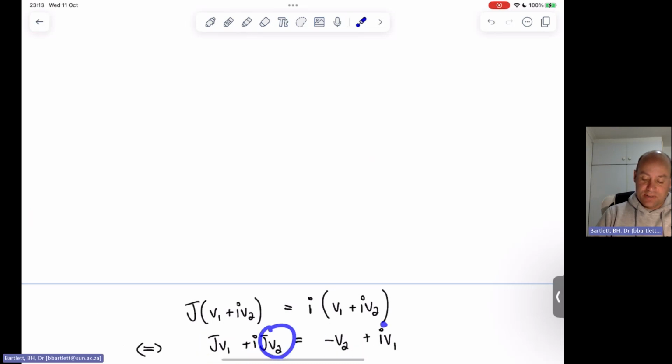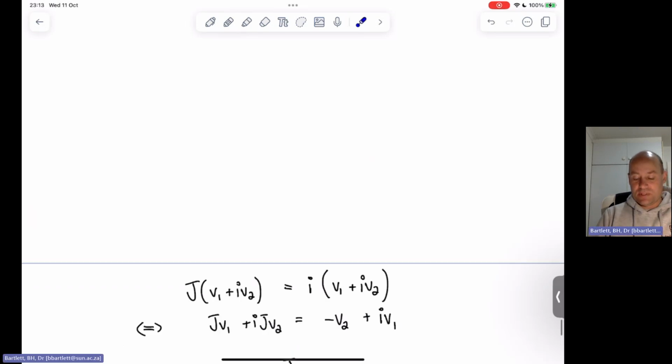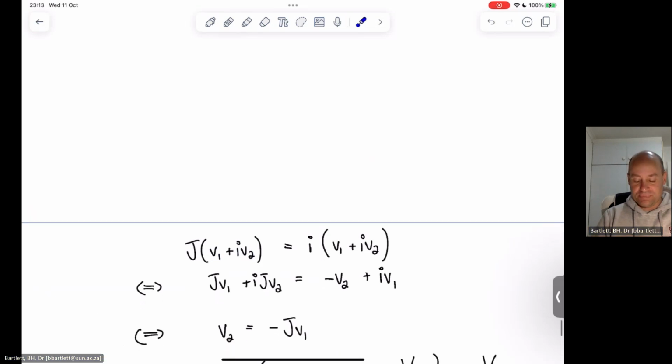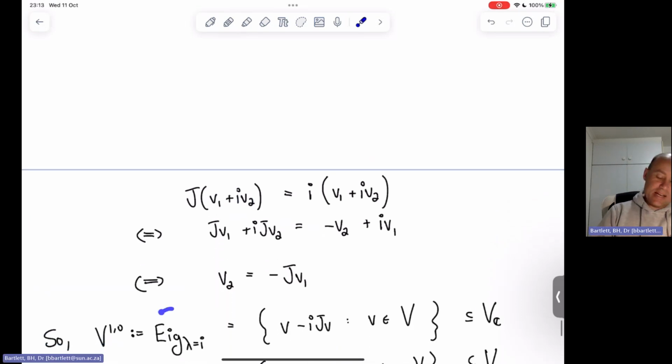And so Jv2 is going to have to equal v1, and both of those conditions are saying the same thing, namely that v2 must equal minus J times the first vector v1. In other words, the eigenspace of the J operator with eigenvalue i, which I'm going to write as V superscript (1,0), consists of all vectors of this form in the complexification. So it's where the second component of the complexification is minus J times the first component.